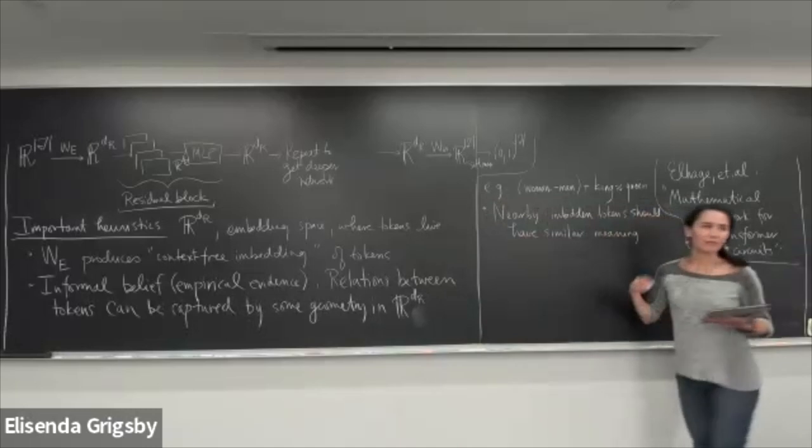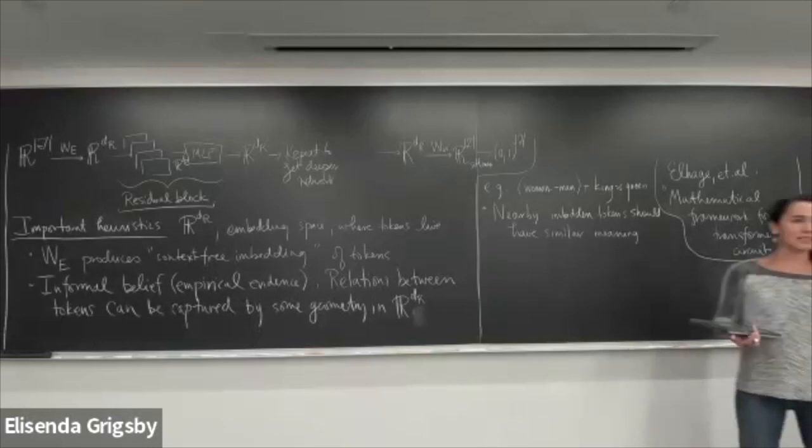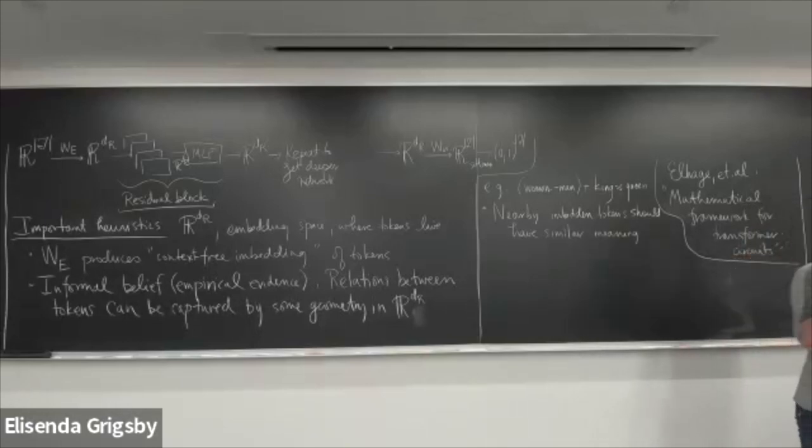So again, these are really just heuristics, but I think they're useful. In this embedding space, you would hope that something about the geometry of the space is capturing something about meaning, I think is how I would summarize what I'm trying to say here.